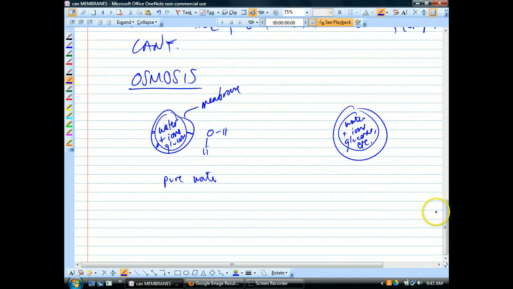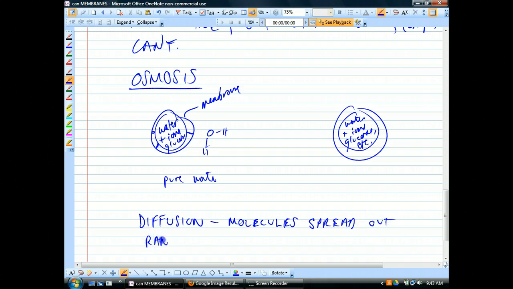Well, there's this principle called diffusion. Okay? Diffusion is how molecules spread out through substances randomly. All right?